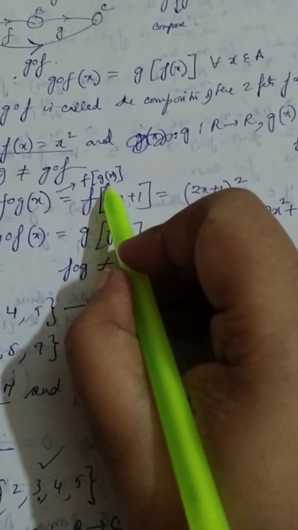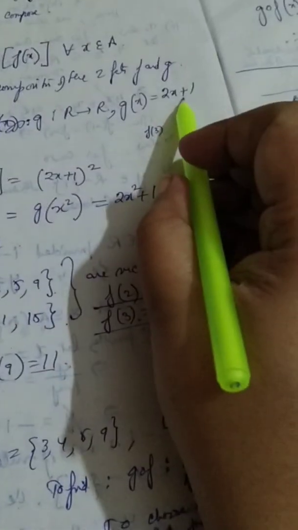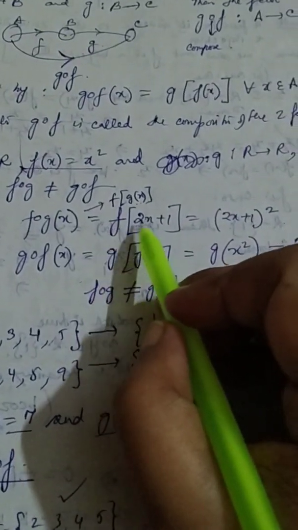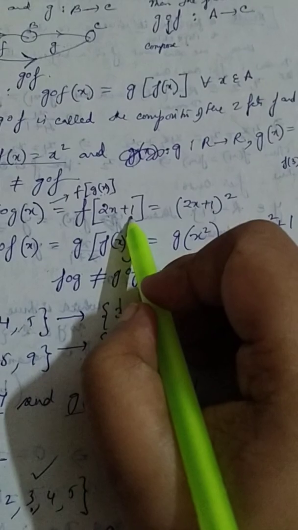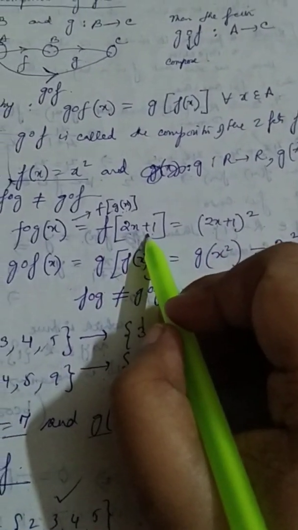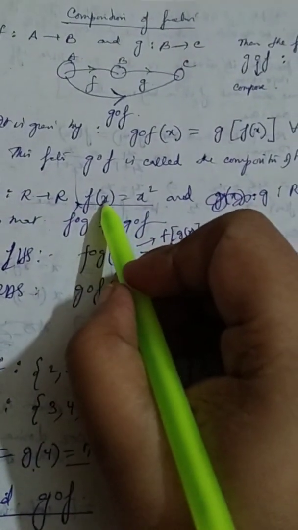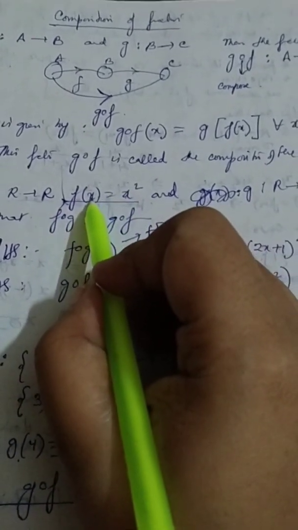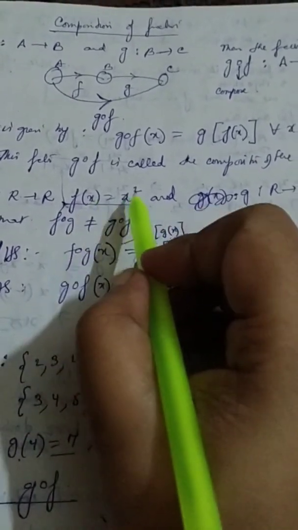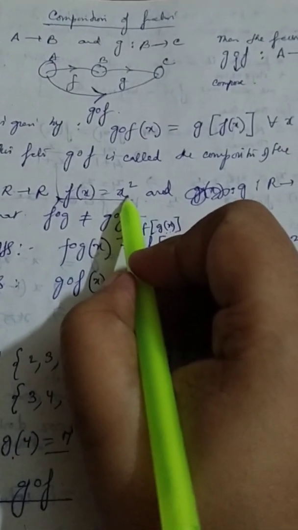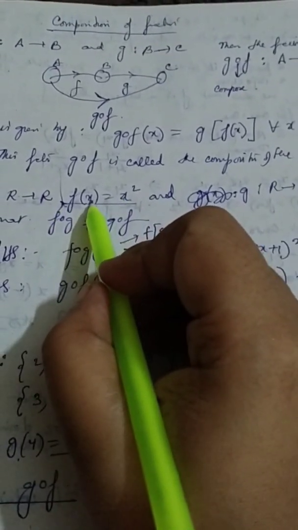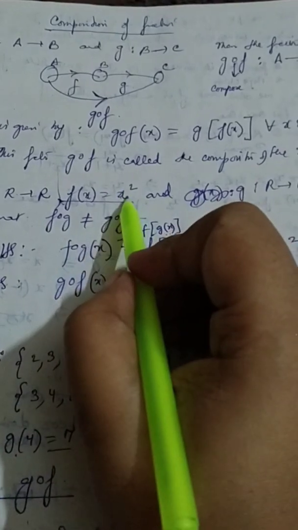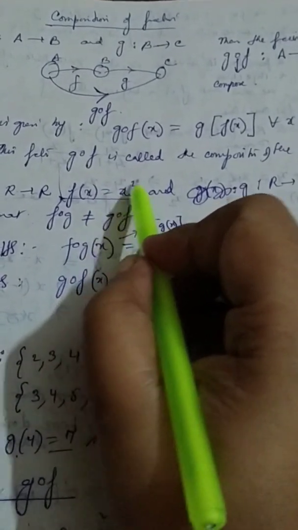Now F of Gx means what? Gx, we have an expression. Let us replace it. So it means F of 2x plus 1. Now F of anything, this is your fx. F of 1 means 1 square. F of 2 means 2 square. So F of 2x plus 1 means in place of x, you will replace by 2x plus 1. If it had been f of x square, you would replace x by x square, so it becomes x square whole square.